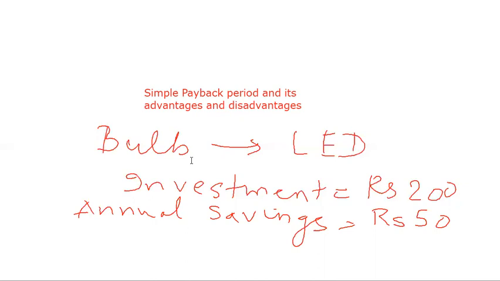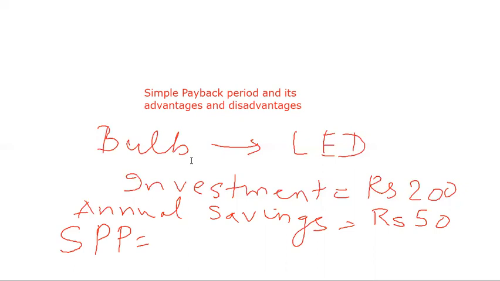Now, if you know this, then what is simple payback period? The simple payback period, I'll call it SPP, is the time required for recovering this investment. Now how many years would be required for recovering this investment?